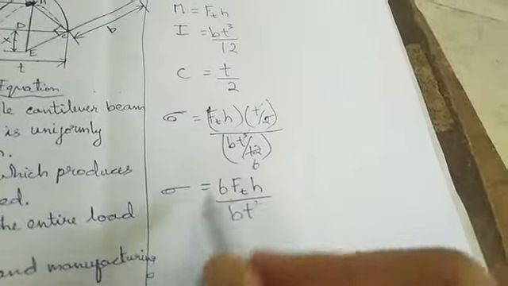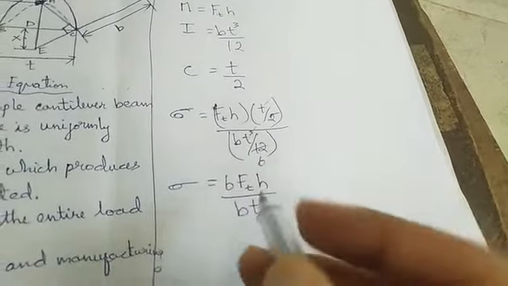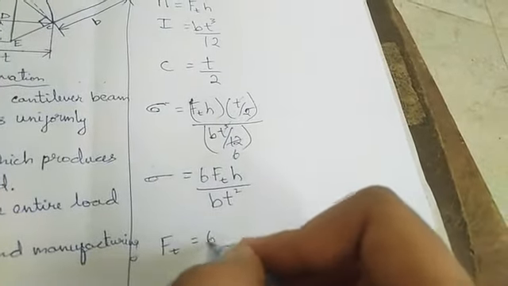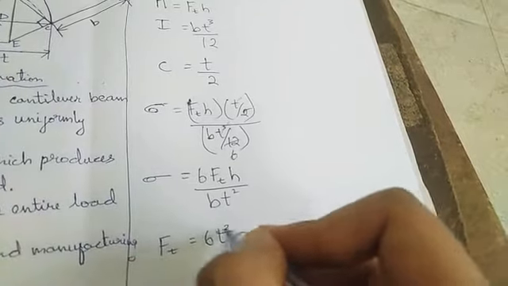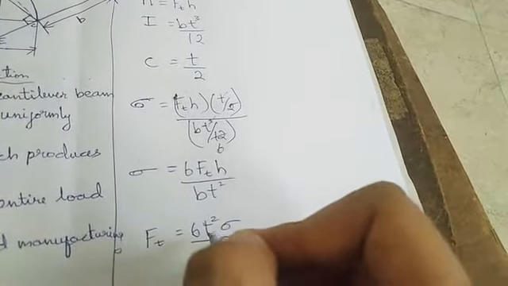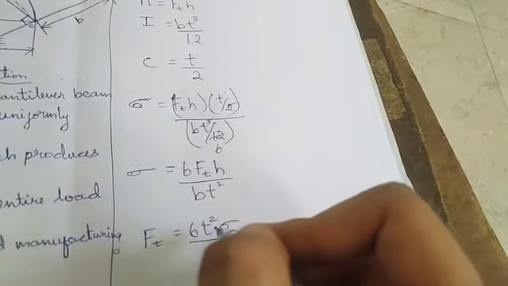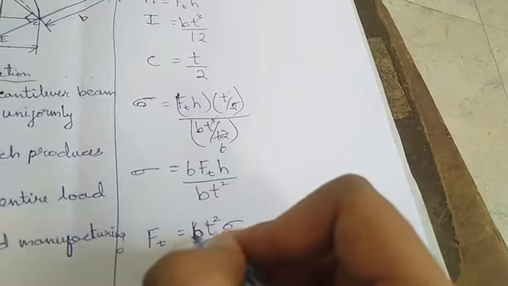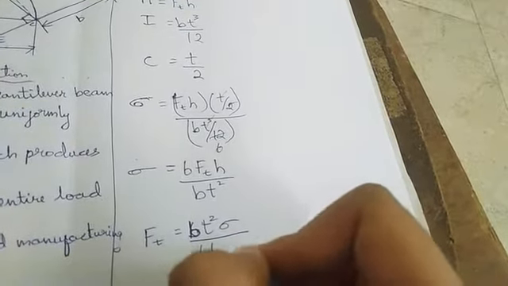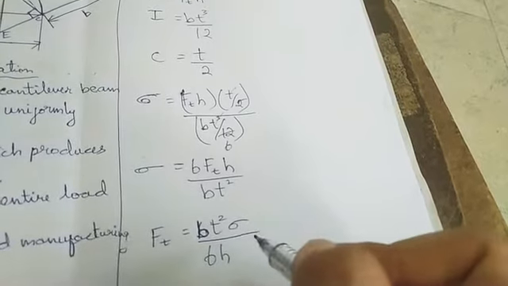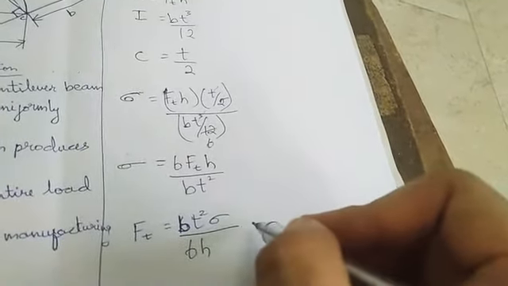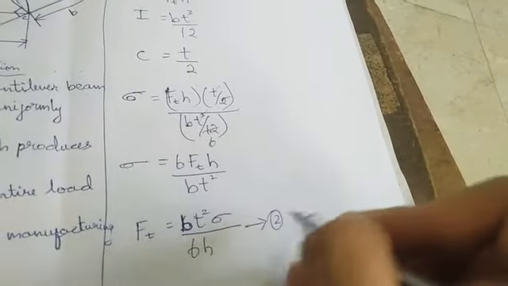So we'll rewrite this equation in terms of force Ft. Ft is equal to sigma b t square divided by 6h. So we shall call this equation 2.